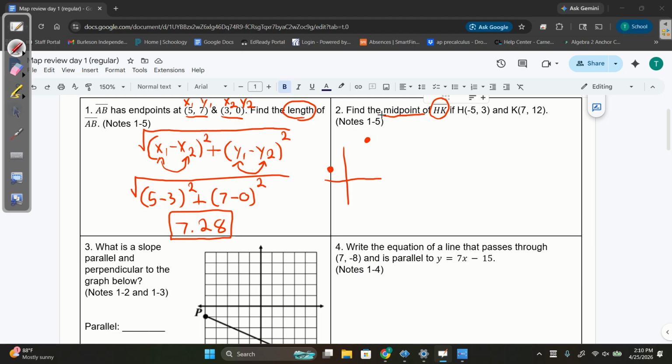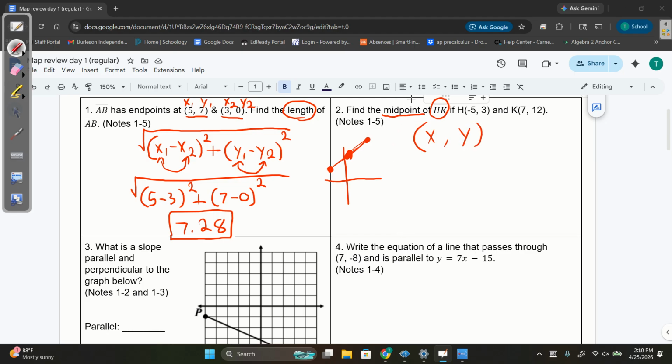The word midpoint tells us that I'm trying to find the middle of the line connecting these 2 spots, which is going to be a coordinate point. So my answer is not going to be a single number. It's going to be an x value, comma, a y value.